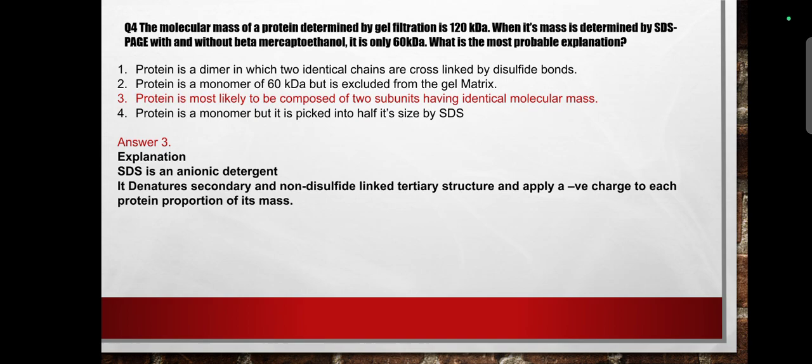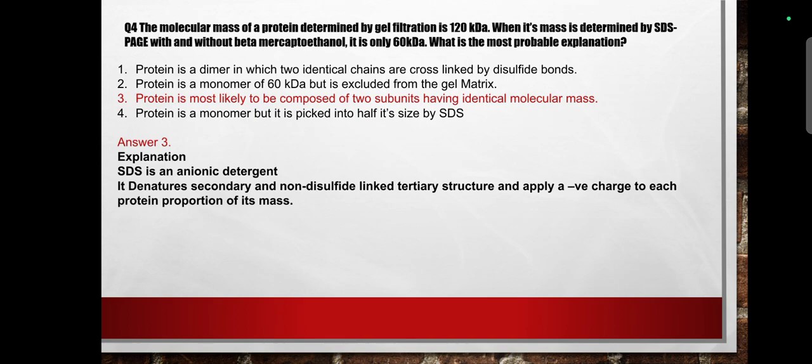Third statement is the protein is most likely to be composed of two subunits having identical molecular mass. This is true. Why is this true? Because on SDS-PAGE, where we are not using any reducing agent, we got a single band of 60 kilodalton, as well as when we used SDS-PAGE along with the reducing agent beta-mercaptoethanol, which breaks the disulfide bond, there also we got a 60 kilodalton band.